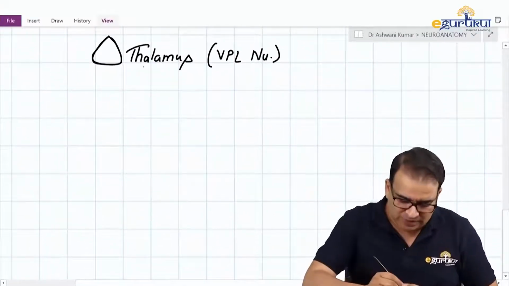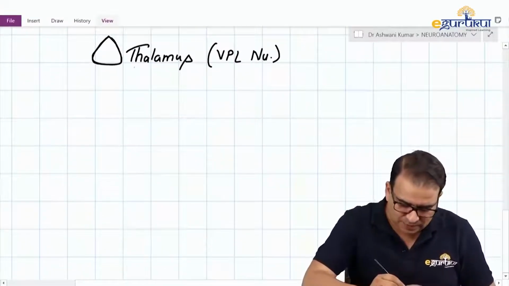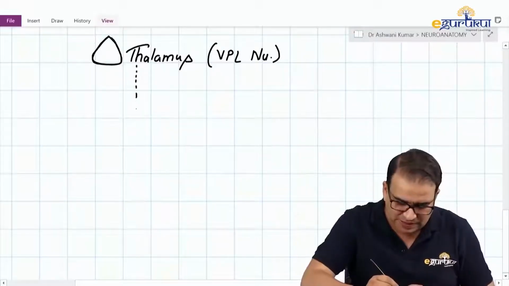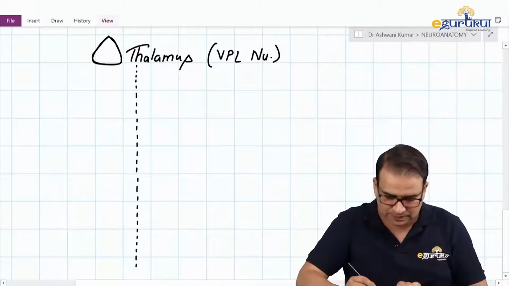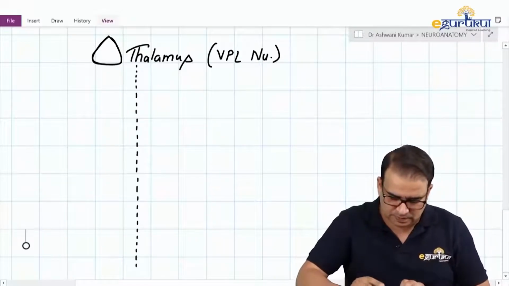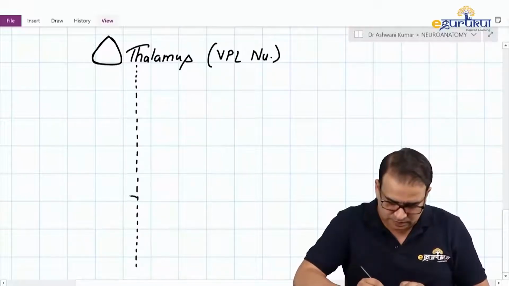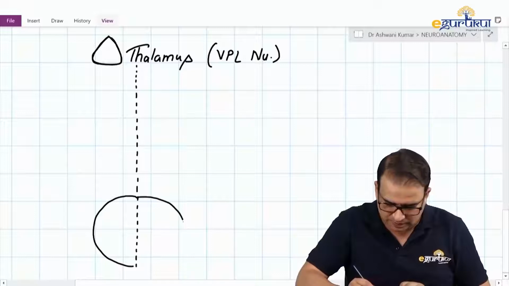Then from this thalamus, if I draw a midline, now let's assume this here is a midline of the brainstem and spinal cord. This is the midline of the brainstem and the spinal cord both. And here is the spinal cord.